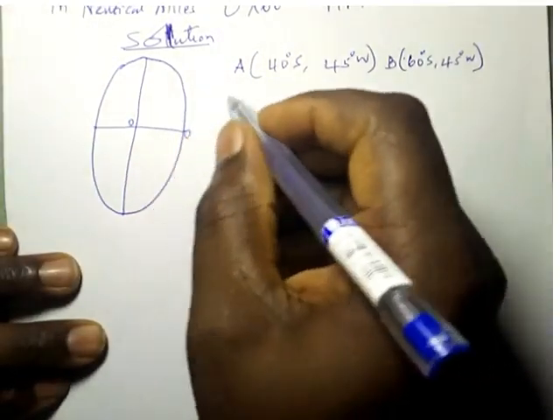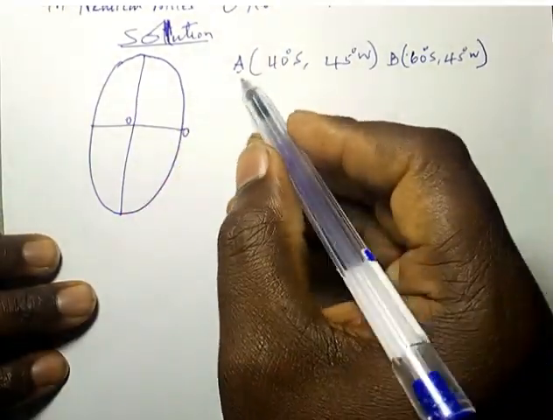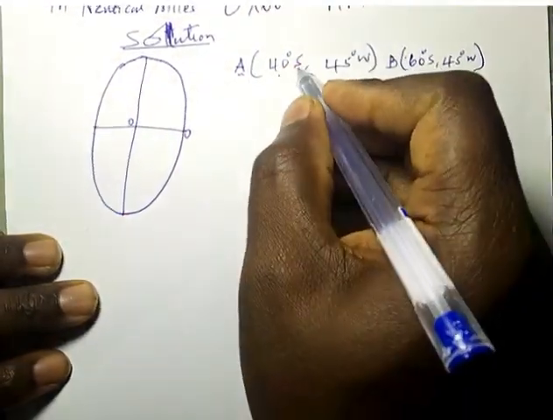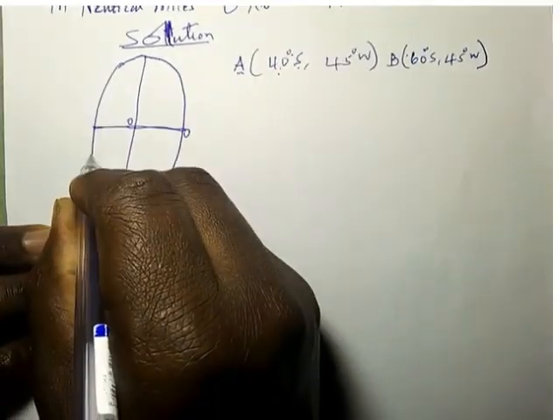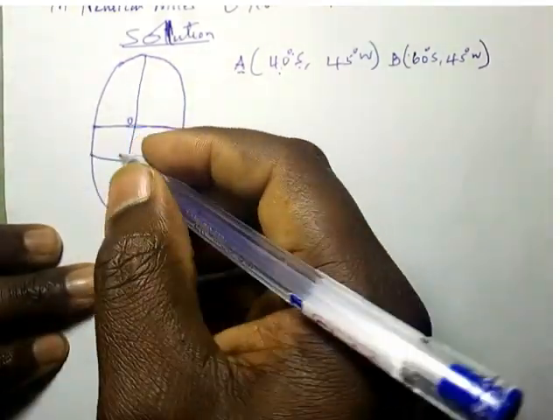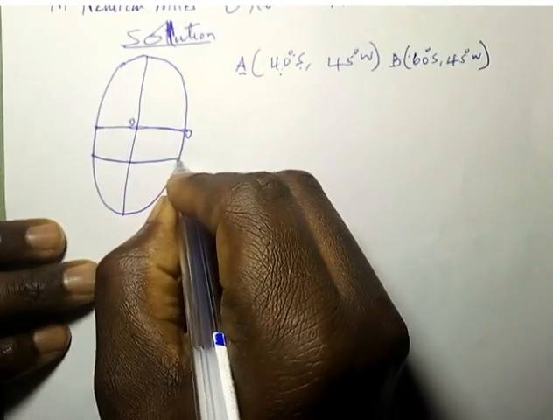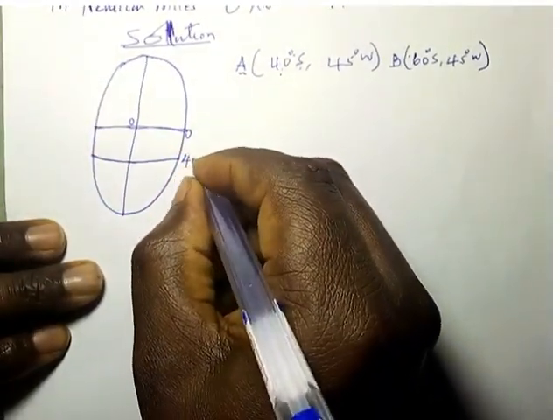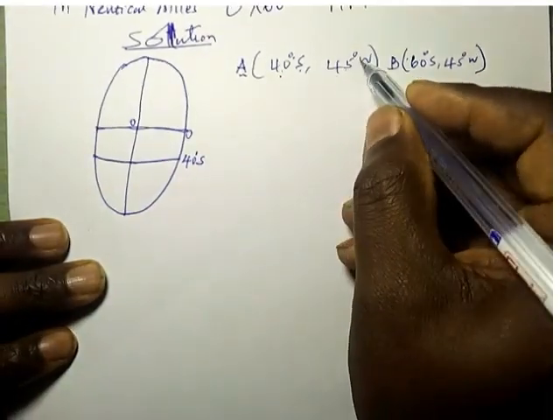So let us now locate our points A and B on the globe. It is important that you sketch. So point A is 40 degrees south. This is the equator. So 40 south will be somewhere here, right? This is 40 degrees south, and then 45 degrees west.